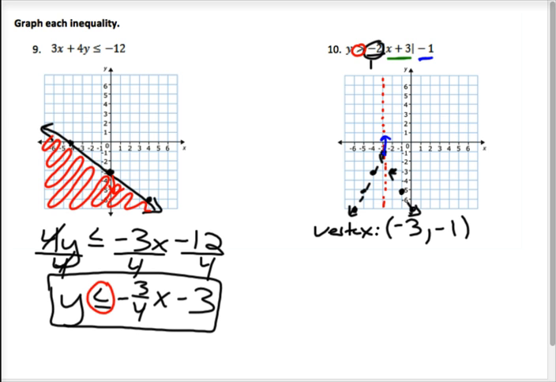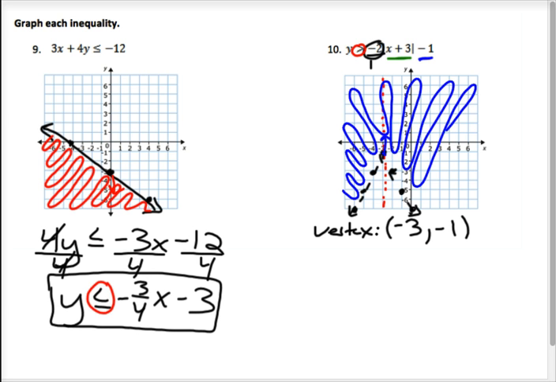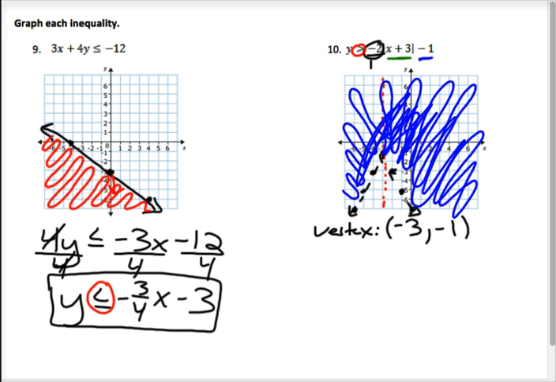So that is telling me it is this whole outside region. Okay, because remember, for absolute values, it's either inside the absolute value or outside the absolute value. And in this case, it is that entire region that is outside that absolute value. All right, so you'd want to shade in that whole region there.